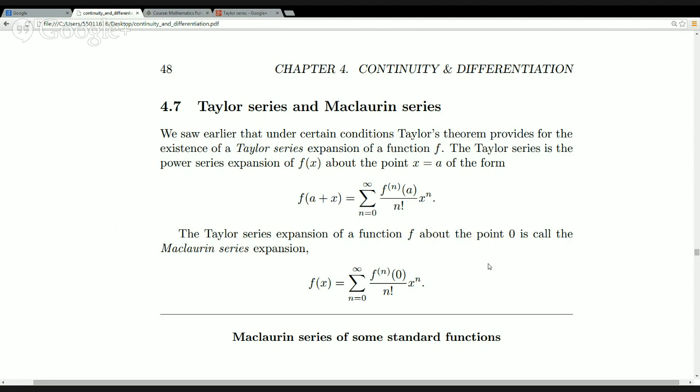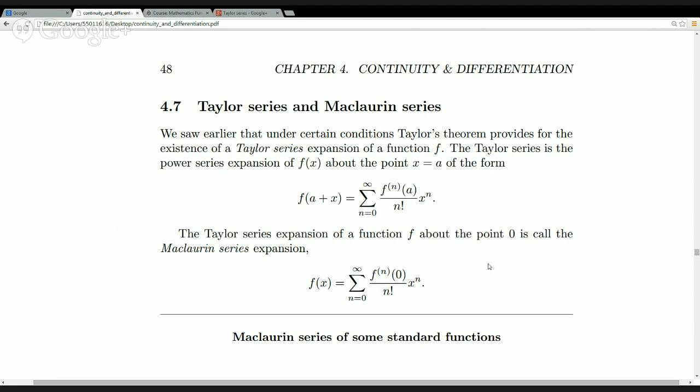So each time we see agreement with the Taylor series polynomial, Taylor series coefficient.